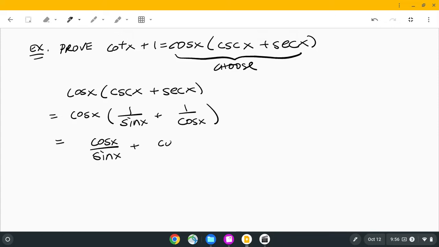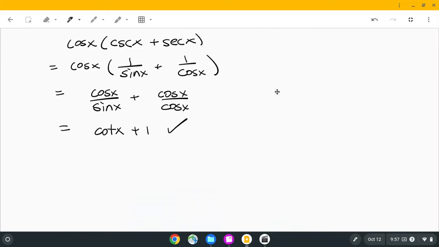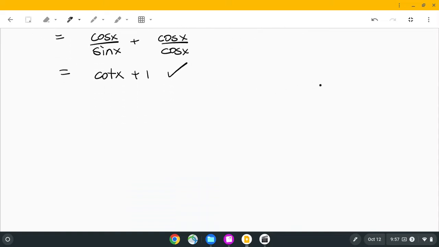And here I get cosine x over cosine x. And then cosine over sine will give me the cotangent that I need. And cosine over cosine will give me the 1 that I need. So here I can stop. Okay? All right, so hopefully you got that.